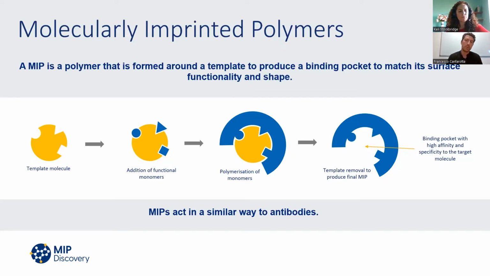The same way a protein is composed of amino acids, a polymer is composed of monomers. So monomers are the building blocks of a polymer. Essentially, the ultimate MIP generated using this process will act in a similar way to antibodies. And that's why sometimes MIPs are referred to as synthetic or artificial antibodies.